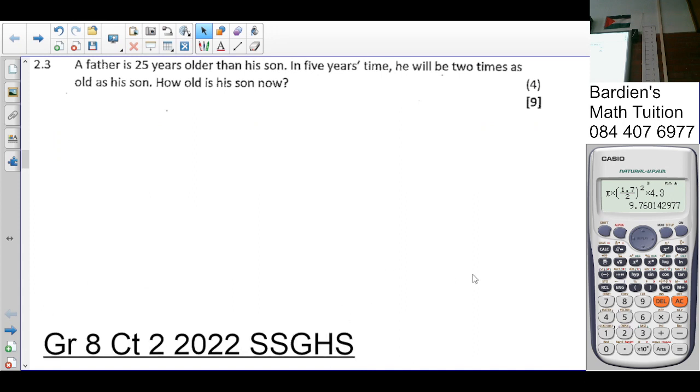A father is 25 years older than his son. So for this one here, the present age of the son will be x. You always let the smaller one be x.